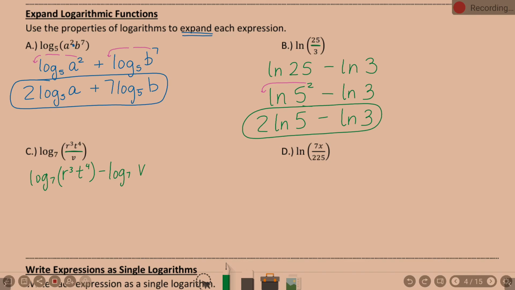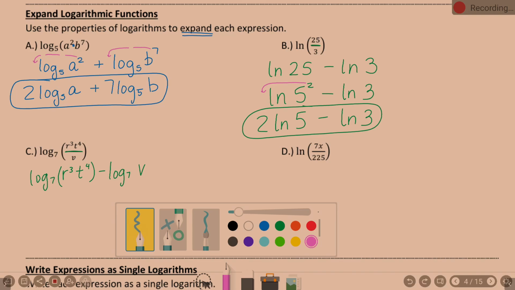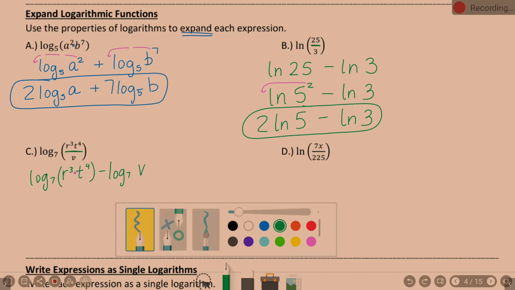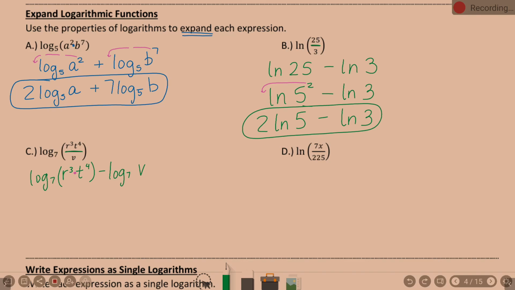We saw division. What else do we see? Is there still multiplication in here? Yeah, there is. So we already separated the division. Now we've got to separate the multiplication.